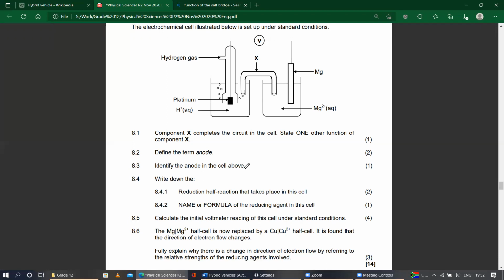One, you can just look at the cell and say magnesium is oxidized to Mg2+, meaning that magnesium is going to lose electrons, making it the anode. Or you can go to your half reaction graph.